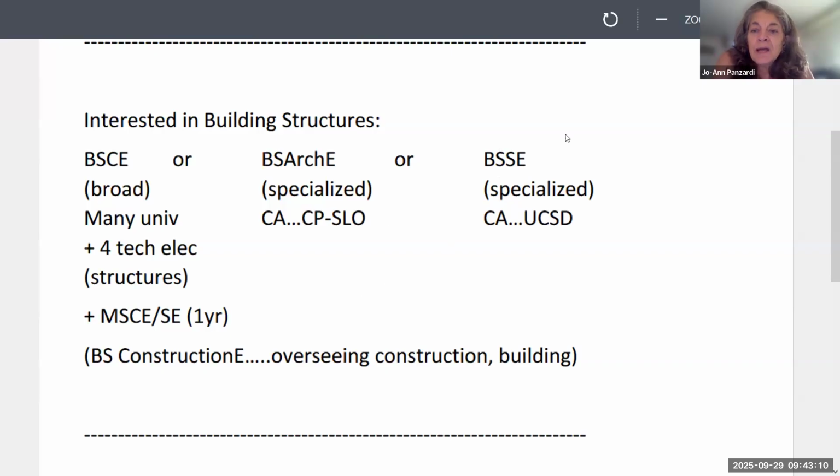The idea is that in structural engineering, you will learn a little bit about soil that you would learn in civil engineering, but only in the context of building structures. It's really going to focus on structures. A bachelor's degree in architectural engineering is also focused on structural, but more with an architectural and more artistic bent, meaning how things look. And the civil engineering really covers everything.